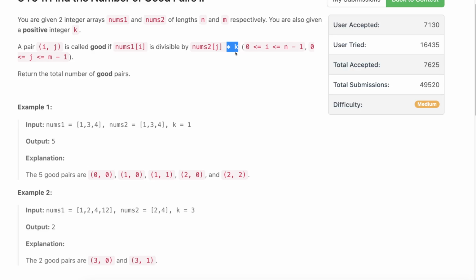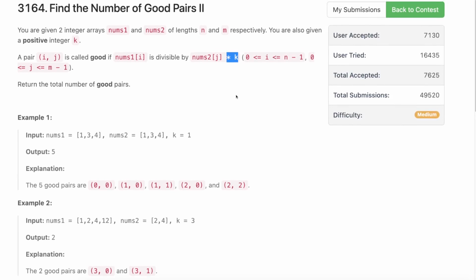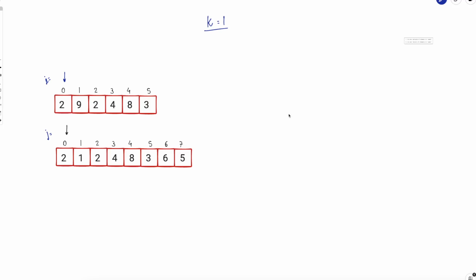So with that, what is the brute force solution to solve the problem with k equals 1? One of the brute force ways would be to go over all possible pairs, figure out which ones are valid, and count them into your answer. In other words, for each i you will try out all possible j. For each i and j you will figure out whether it is a valid pair or not.